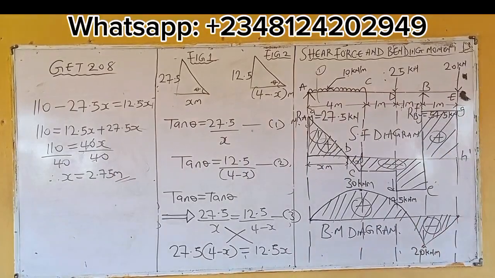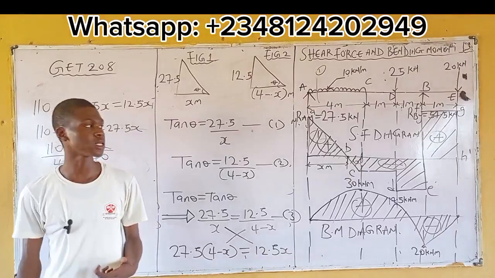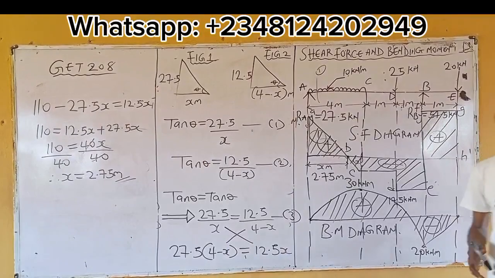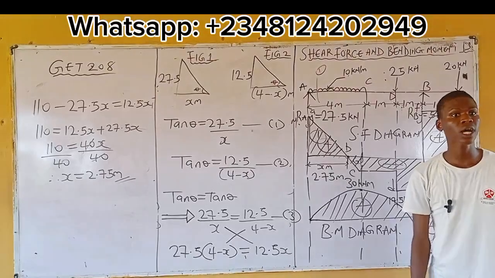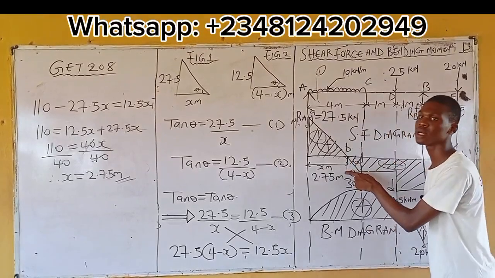Now, when you say x equals 2.75 meter, what are you saying? It means the bending moment can only get its maximum value at x equals 2.75 meter. Are you getting me? Yes, this is the point where you have your maximum bending moment.